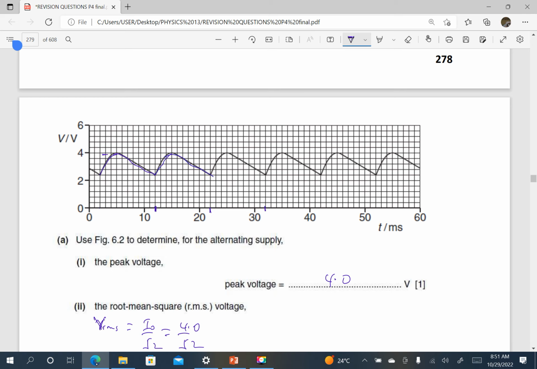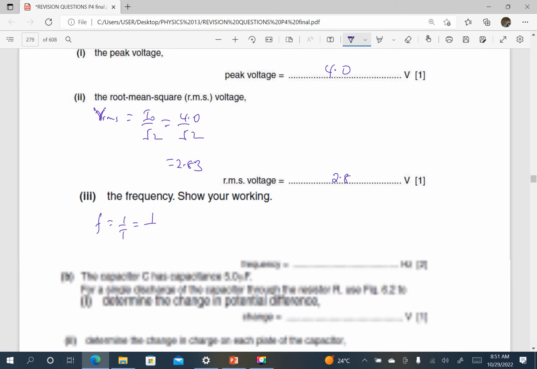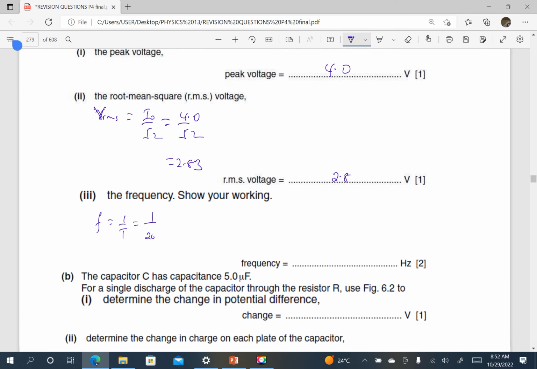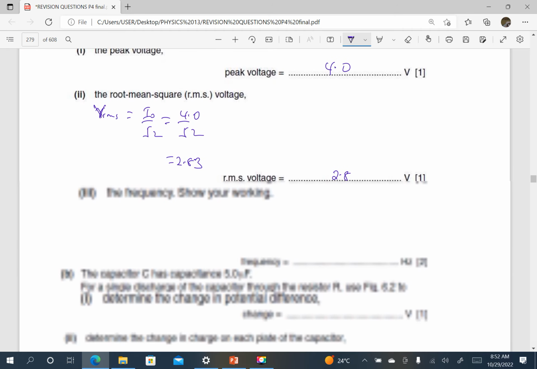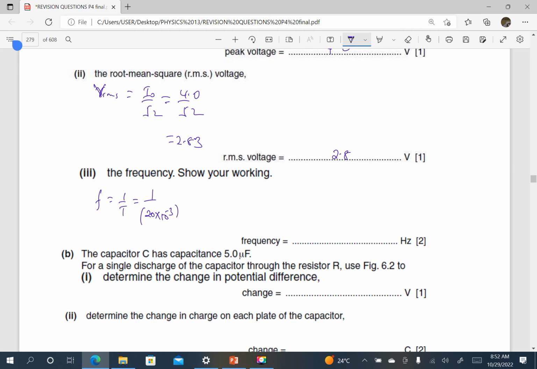So the period is from here to there, which is 2 to 22, that is 20 milliseconds, 20 times 10 to the power negative 3 seconds. When I press my calculator, this gives me 50 hertz.